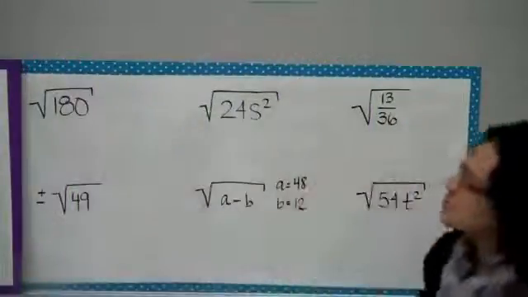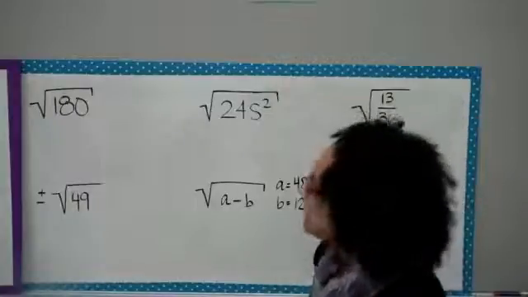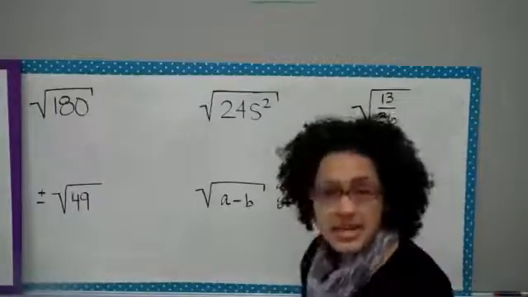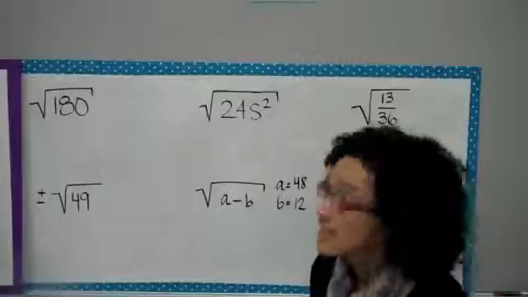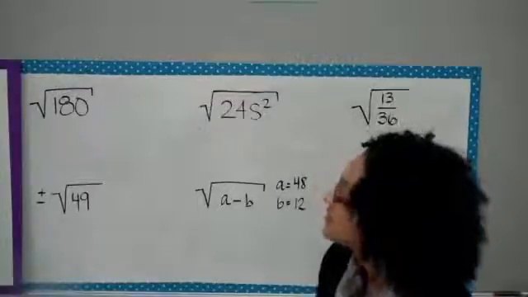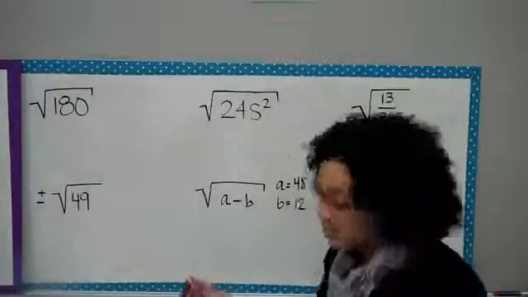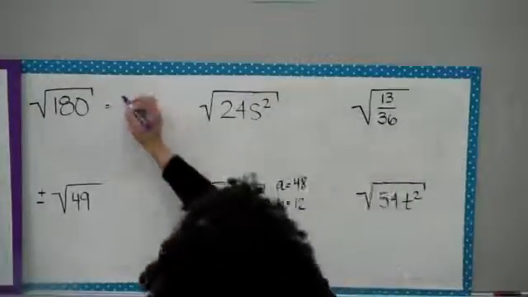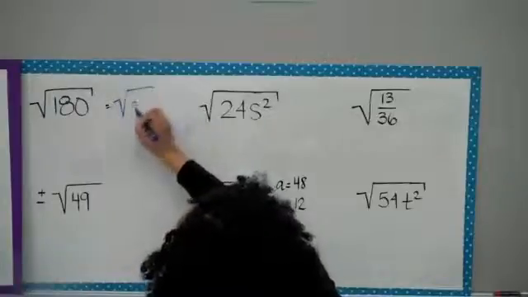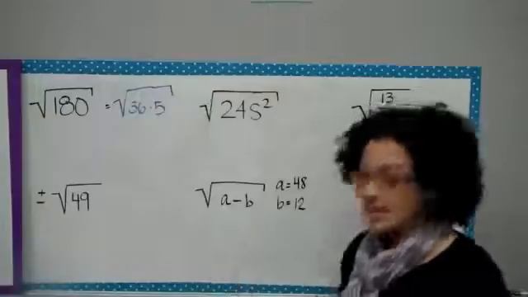All right, square root of 180. I need to simplify that. 180 is a big number. It's got a lot of factors, so let me think. 18 times 10 is 180, but those are not perfect squares. 36 times 5 is 180, and 36 is actually a perfect square. So this is the same thing as this.